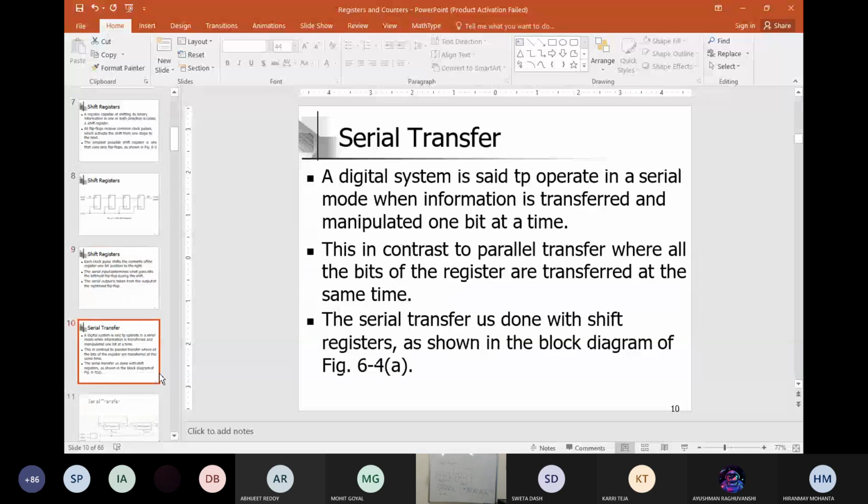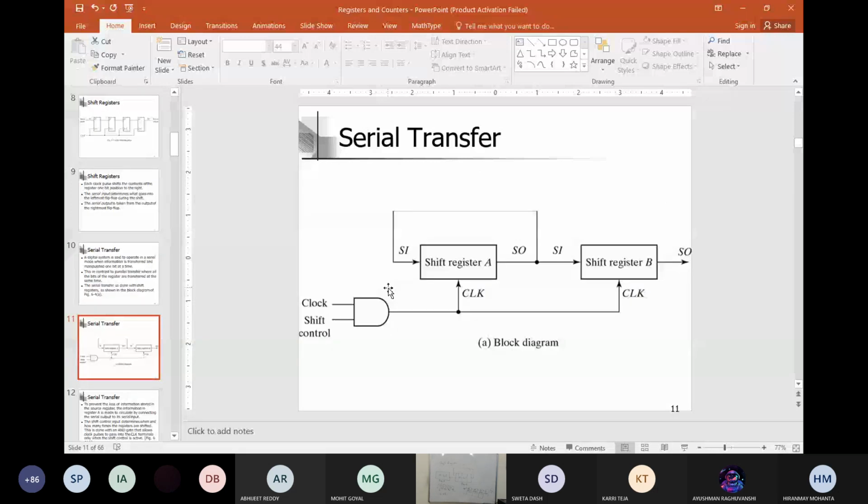Now, can I say the word serial transfer? Just see this, this is what I was trying to tell. Shift register A, shift register B. I will give serial input as well as take serial output, and at the same time take shift register B also and collect it.